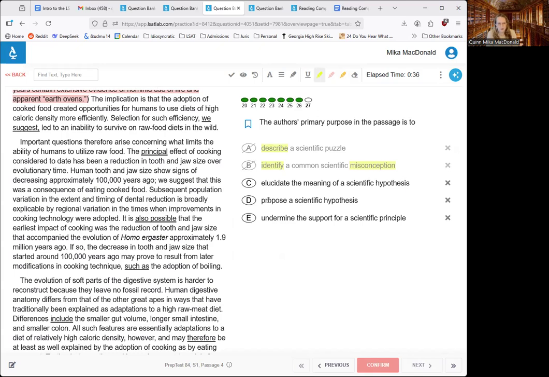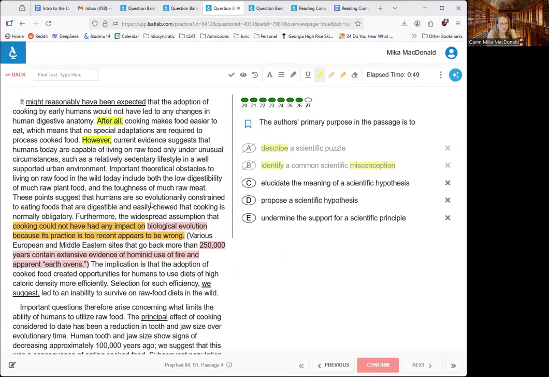I'll hold it. Propose a scientific hypothesis. I like that even more. Undermine the support for a scientific principle. No, no. Maybe we could say the author's undermining the idea that humans could live on raw food, but nobody actually ever made that claim. It's just the author bringing up the idea as part of working towards the cooking angle.